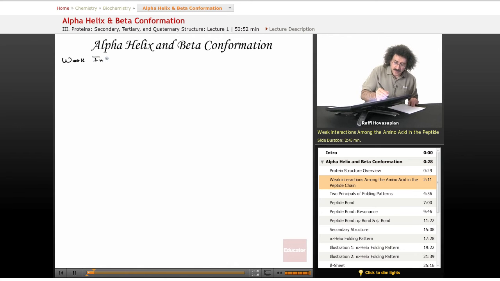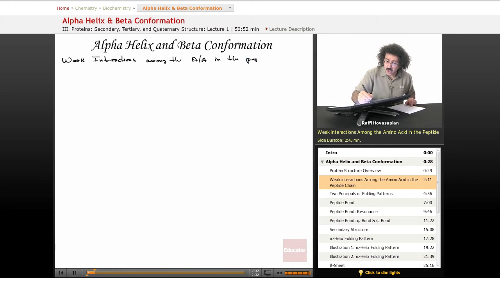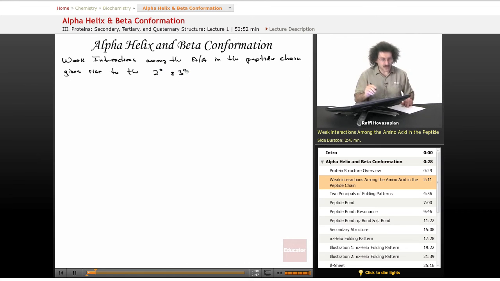Weak interactions among the amino acids in the peptide chain give rise to the secondary and tertiary structures of a protein.